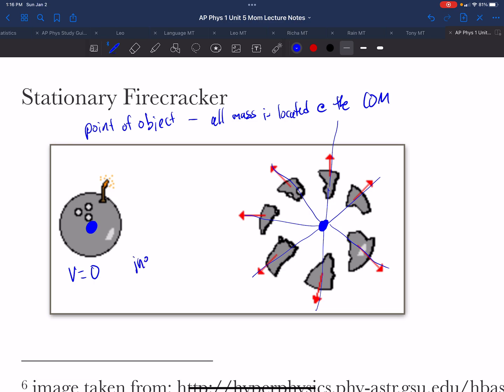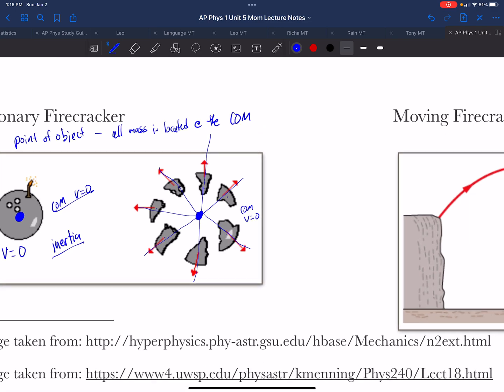Remember, we know the law of inertia, which says an object does not want to accelerate. Well, this body is not accelerating. All of these individual pieces accelerated, but the center of mass has a velocity equal to 0. So the center of mass will have a velocity equal to 0 after the explosion because of the law of inertia. That is not intuitive.